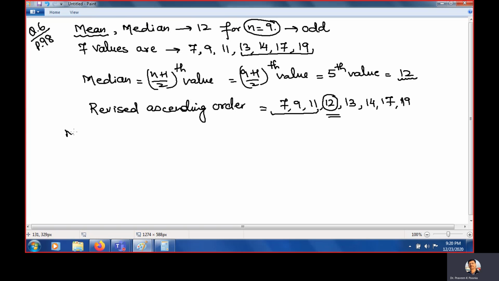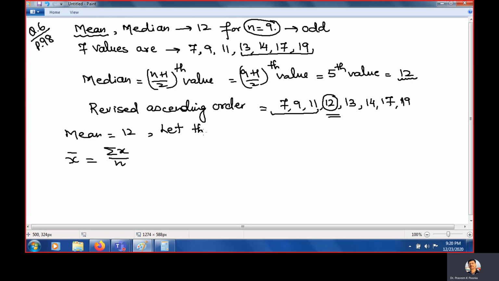Clear? Now the mean is equal to how much? It is 12. So what is the formula? X bar is equal to sigma x upon n. Okay. So what we do?